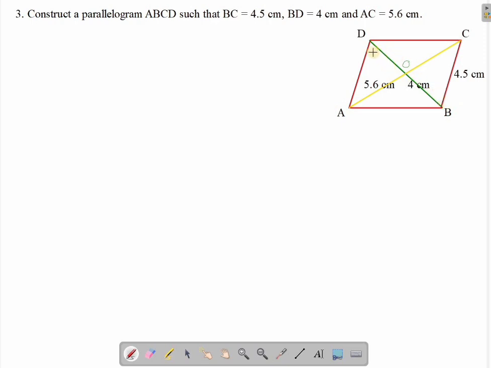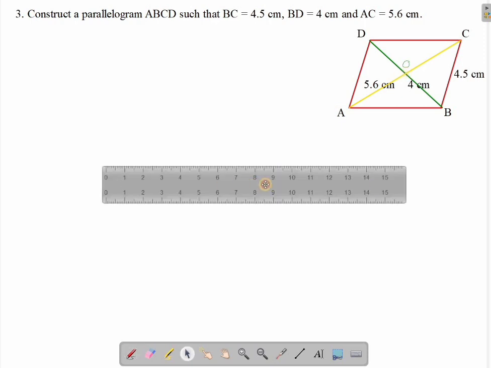In my case, I'm going to start with BD. So I'll first draw a line BD whose measurement is 4 centimeter, and after that I'll find out the midpoint of BD.